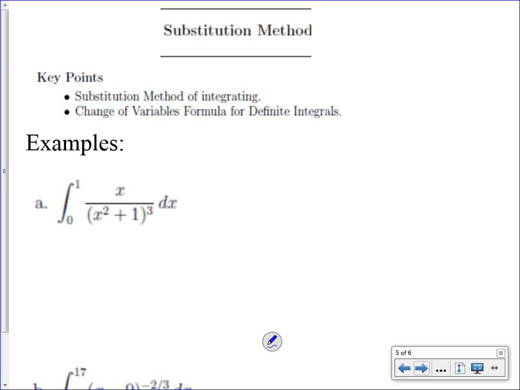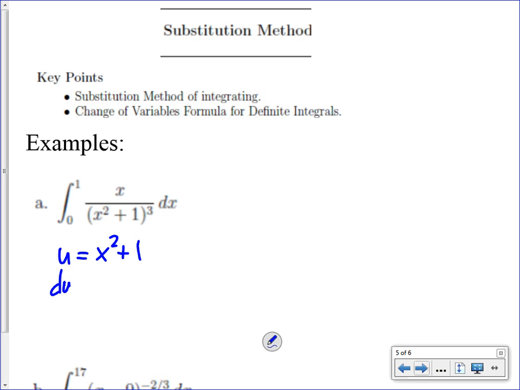Okay, the last thing we need to talk about is the substitution method for definite integrals. So this is like chain rule backwards, okay? So you want to use substitution method anytime you have an inside function. So if you look at the first example, x squared plus 1 would be your inside function. So we're going to set that equal to u.